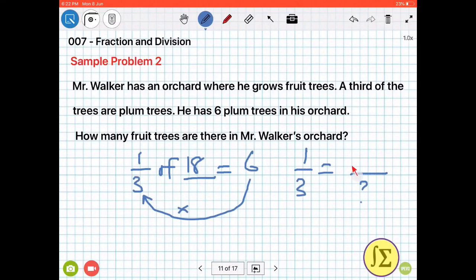But we know the numerator, the answer is 6. So looking at 1 and 6, to get 6 from 1, you multiply by 6, and you multiply the denominator also by 6. So 3 multiplied by 6, you get 18. Okay, so that's the answer to the question.